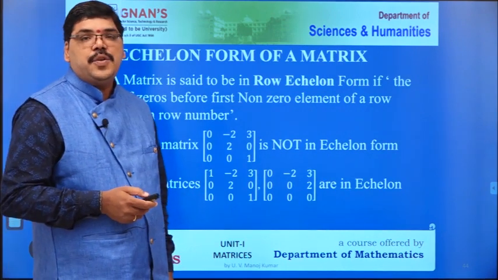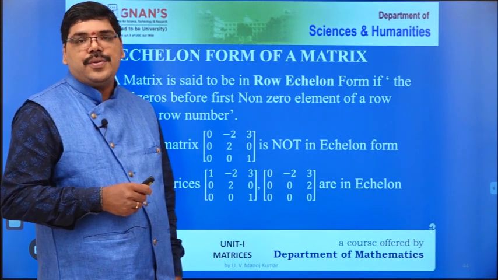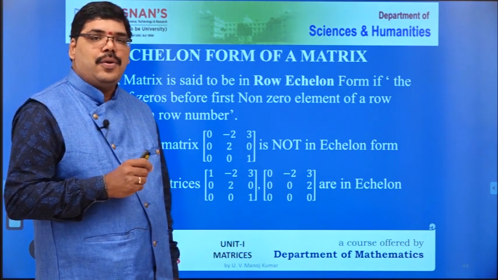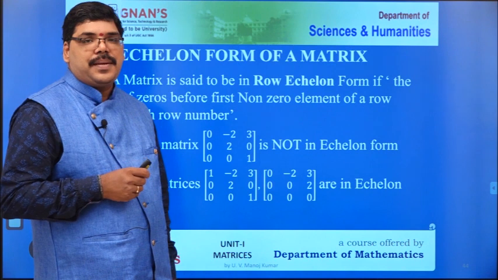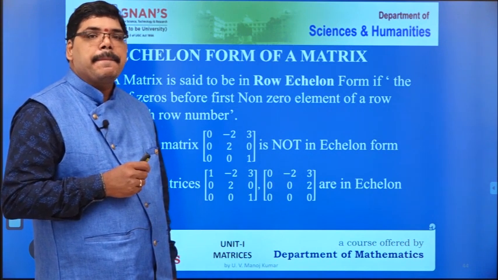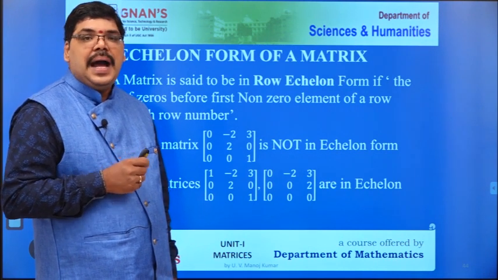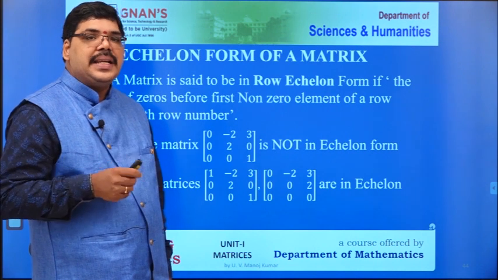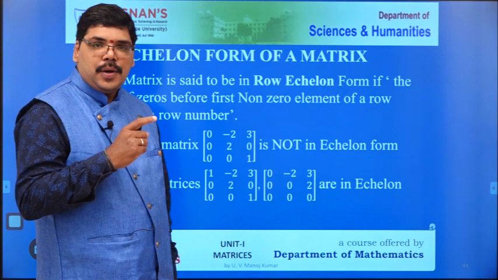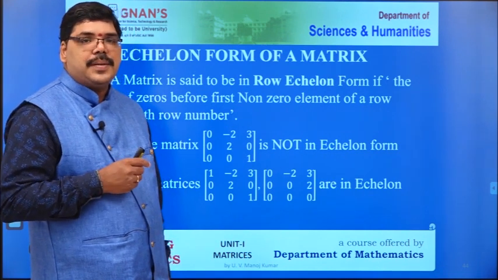A matrix is said to be in echelon form if the number of zeros before the first non-zero element of the row increases with row number. You should understand what I am saying. We are counting the number of zeros in rows and this number of zeros should increase. What kind of zeros are you counting? You are counting the zeros which are before the first non-zero number.